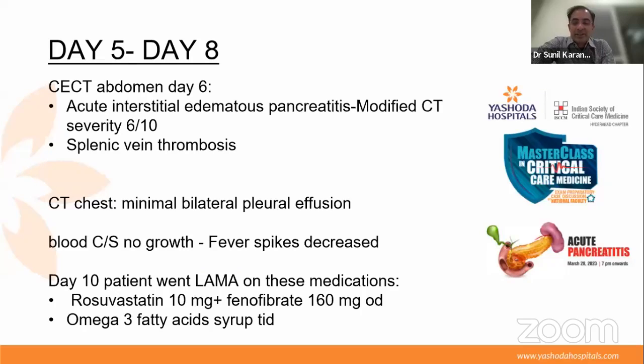Anything else, doctor? What are the indications for surgery in acute pancreatitis? If there is mild biliary pancreatitis, in mild cases we will go for cholecystectomy in the index hospitalization.